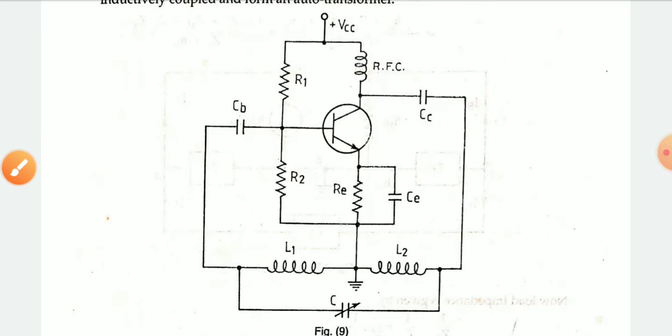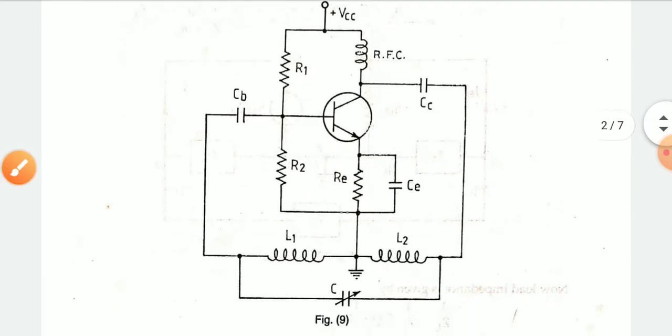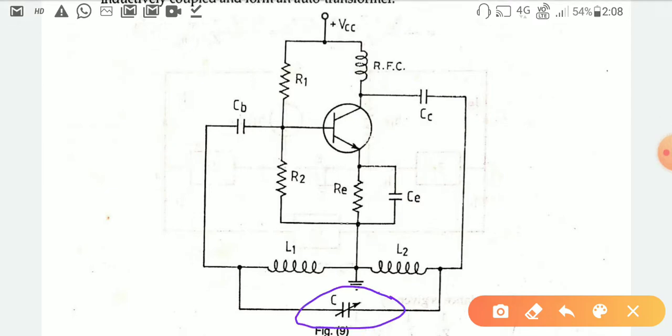The capacitor C is variable, which is used for varying the oscillating frequency. If we want to change the frequency, we can change the capacitance value here to change the oscillation frequency.